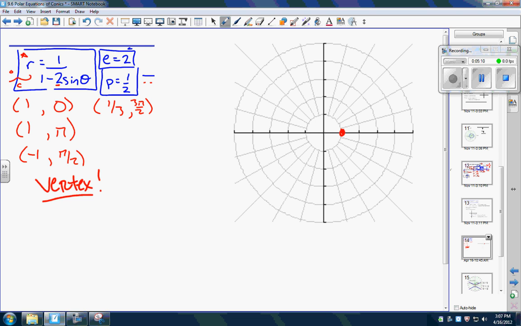So I'm going to change my scale on the y-axis into 1/3 for each one. 1 in the direction of pi, and -1 in the direction of pi over 2. So I got to tilt up pi over 2, and then I need to kick it -1 in the other direction. So 1/3, 2/3, 3/3.